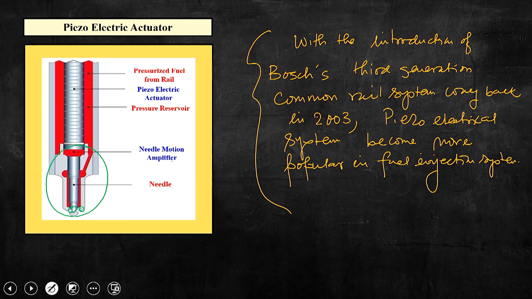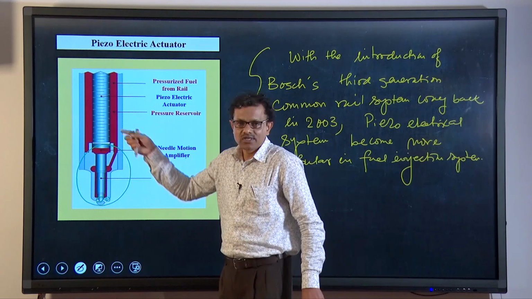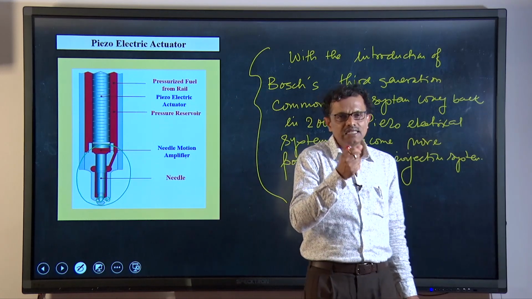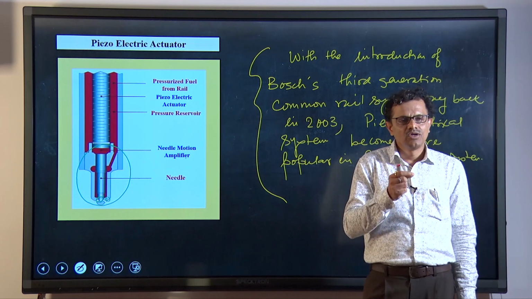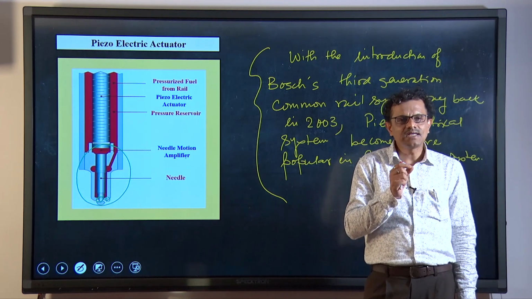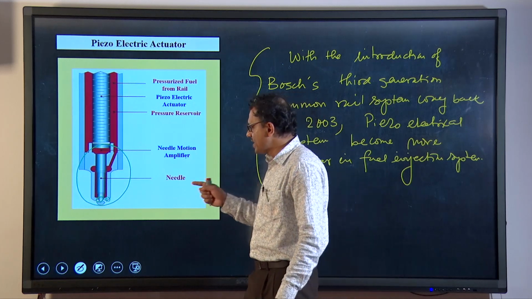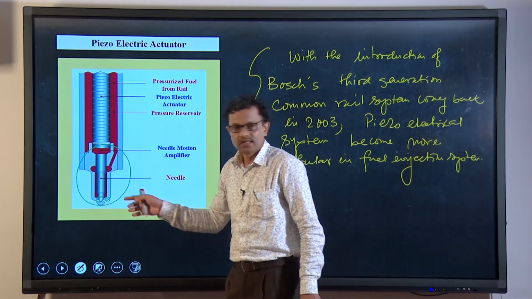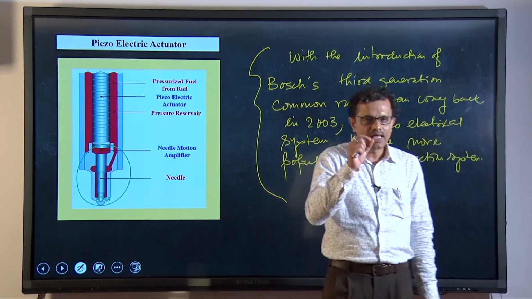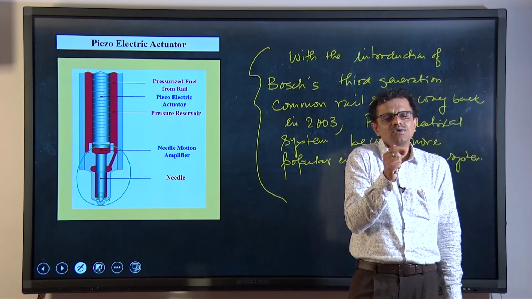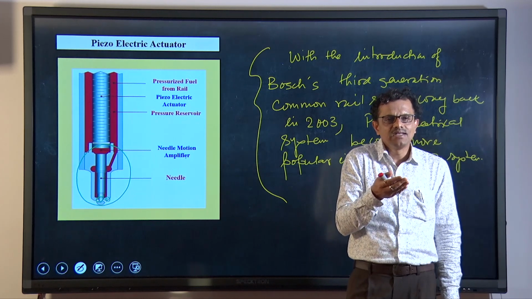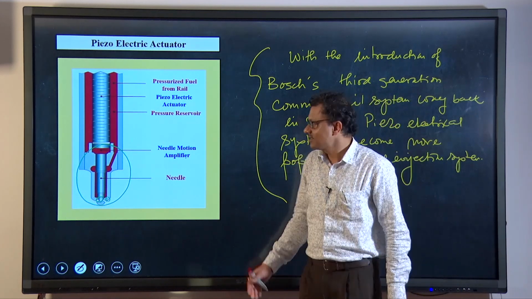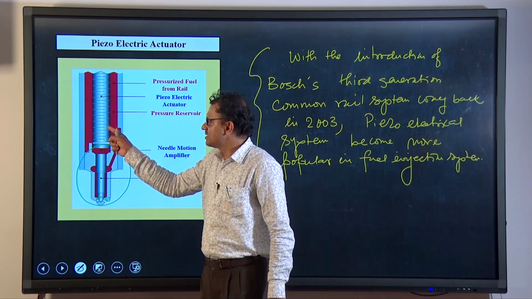Now the question is, you should know that the piezo crystals have almost negligible mass. Because of this low inertia, the typical time to open and close the needle is very short.